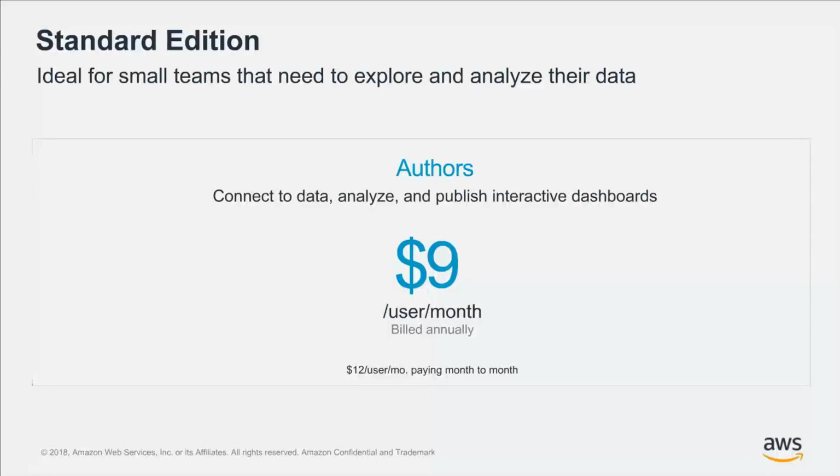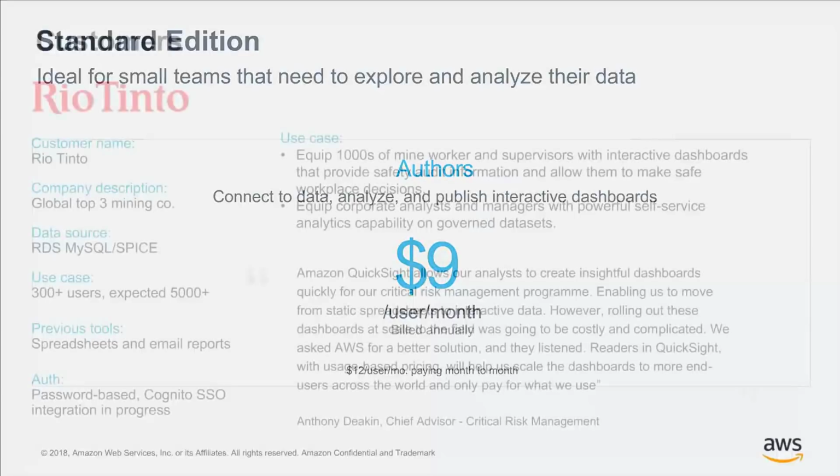That doesn't have things like Active Directory integration and things that are more oriented towards managing larger scale reader audiences and distributing reports and dashboards. The standard edition is really oriented around small teams of data analysts and power users to be able to have all that functionality, but at a lower cost, because you don't need all of the large scale administrative and management features.